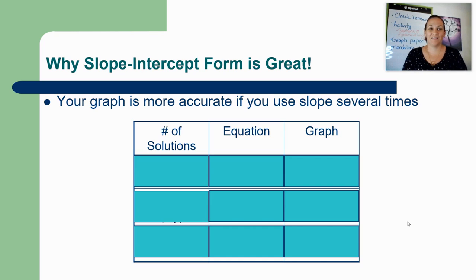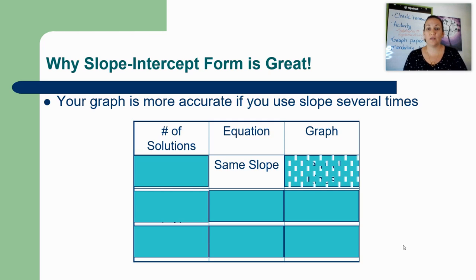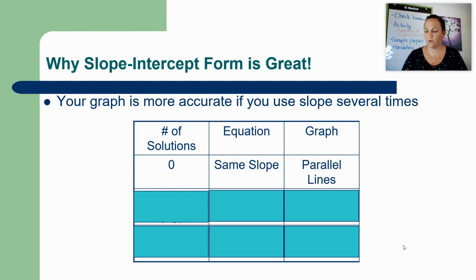All right, so when you put your equations both into slope-intercept form, if you have two equations that have the same slope, that means if you were going to graph it, you would get parallel lines. When you graph parallel lines, they do not intersect, and so there are no solutions.